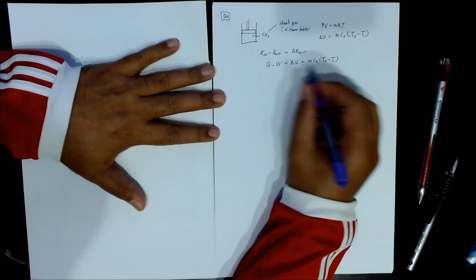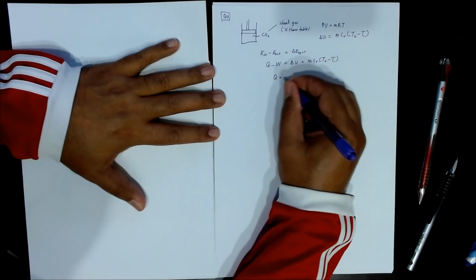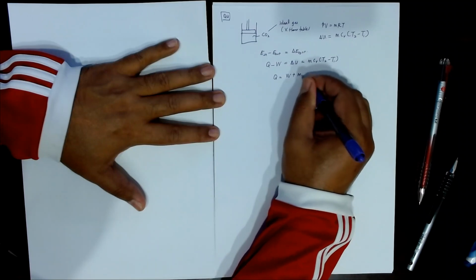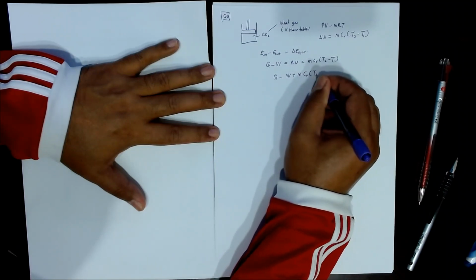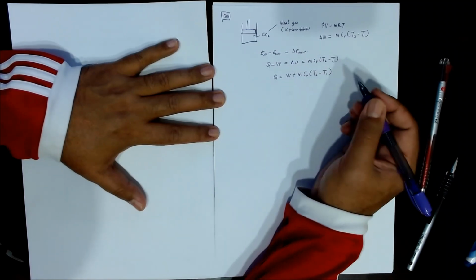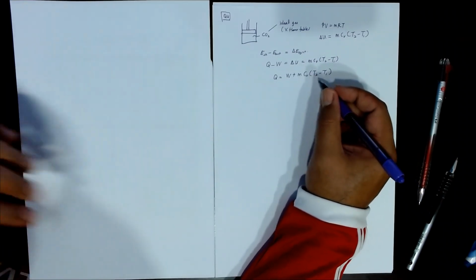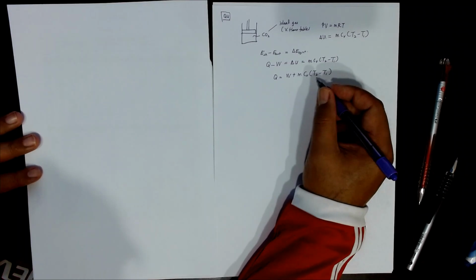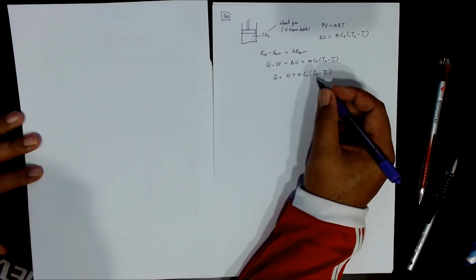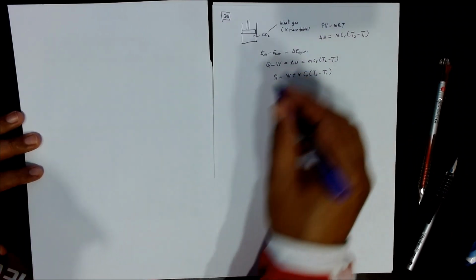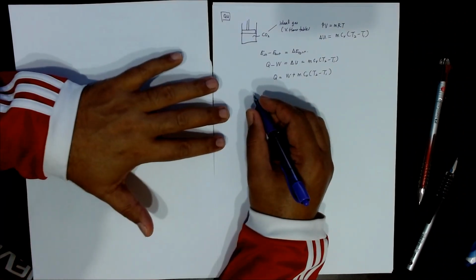So Q equals W plus m Cv (T2 minus T1). You don't need to find U from the table, because this is an ideal gas and PV equals mRT.